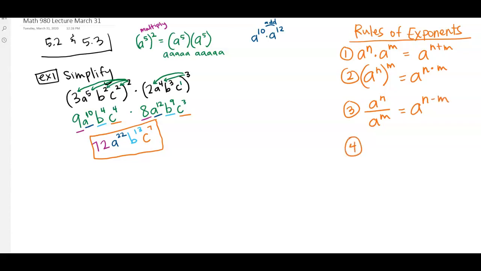Okay. And sometimes we might have things multiplied together, like we had here with some exponent on the outside. So we've got to distribute that exponent to everybody. So a to the n times b to the n. Then we could have it also connected by division, all raised to a power. Same thing, we've got to give that power to everybody.